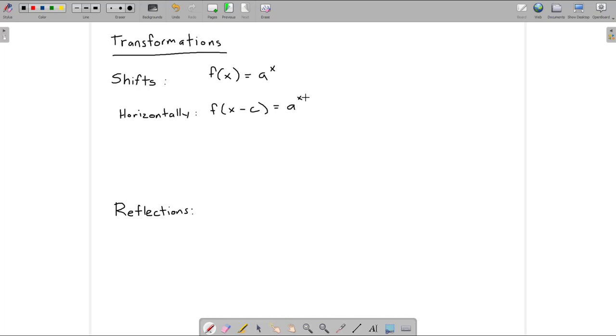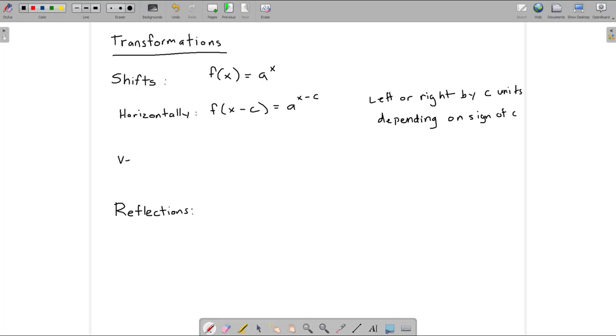And depending on the sign of c, that's going to shift my graph either left or right by c units. And it all depends on the sign of c. And I'll give you some examples in a little bit here.